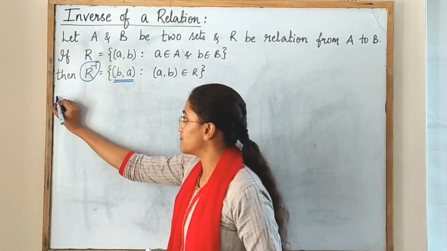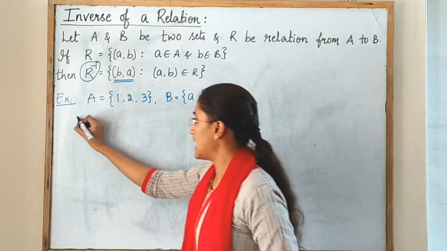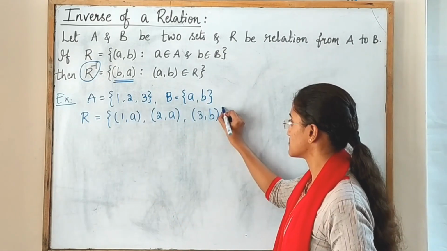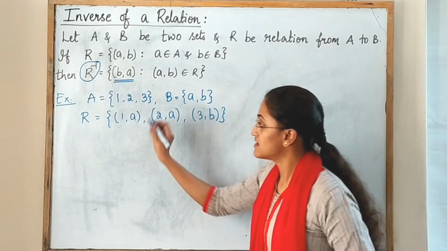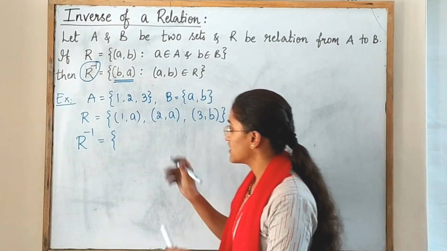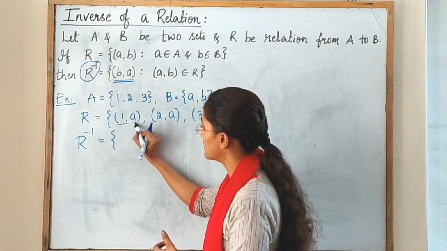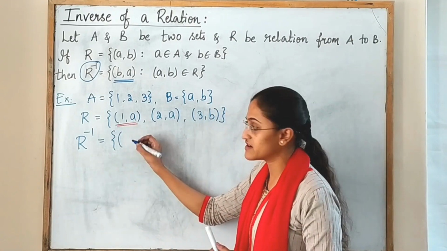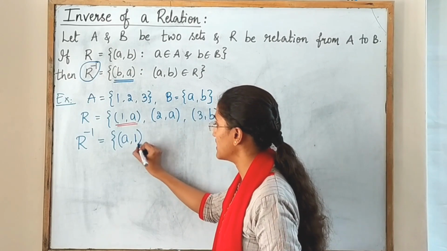Look at an example. I have defined the relation as follows, then the inverse of this relation will be nothing but, go on reversing the ordered pairs. If you have (1, a), then the inverse of the relation contains (a, 1).